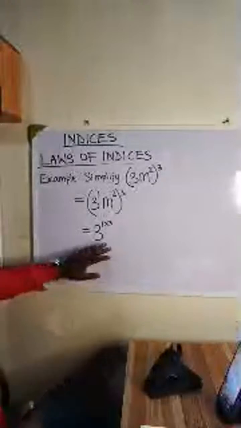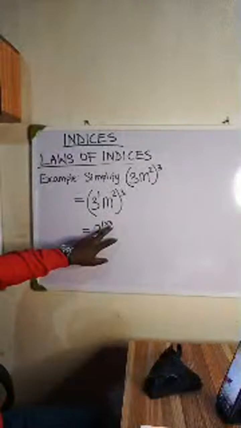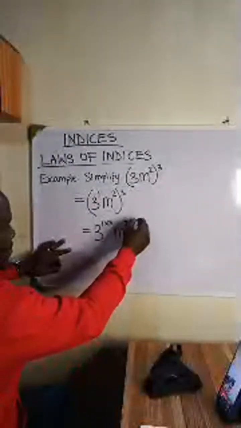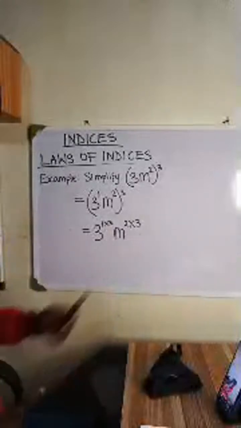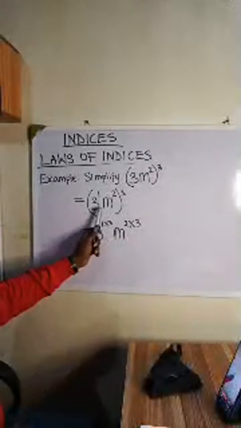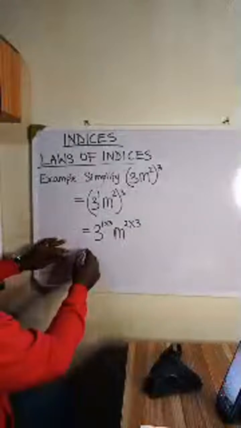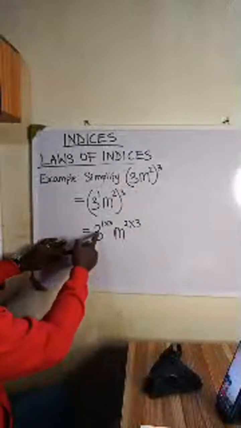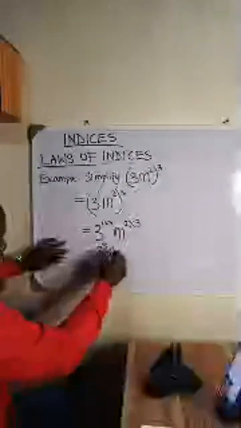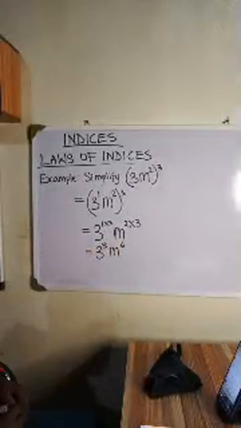So back to what we are doing. So we have 3 to the power of 1 times 2, and then m to the power of 2 times 3. Because this external exponent is going to be shared by both 3 and m. So 3 to the power of 3 and m to the power of 6. Okay.